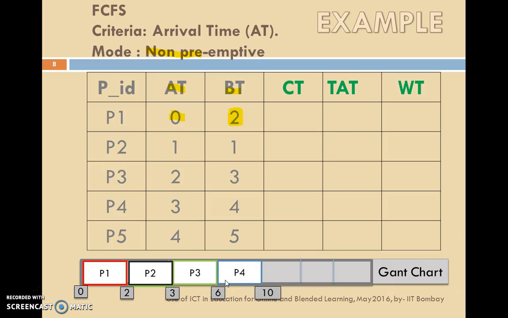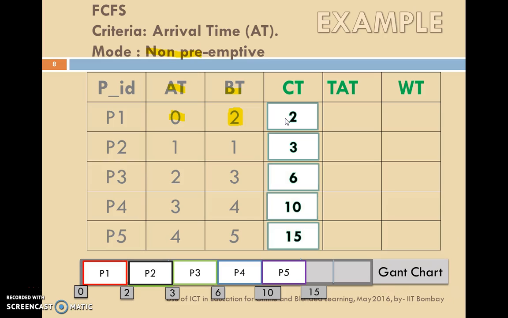Likewise, process 4 requires 4 units, 6 plus 4 is 10, and likewise process 5. So the completion time of P1 is 2, P2 is 3, P3 is 6, and P4 is 10. We record the completion times in this column.